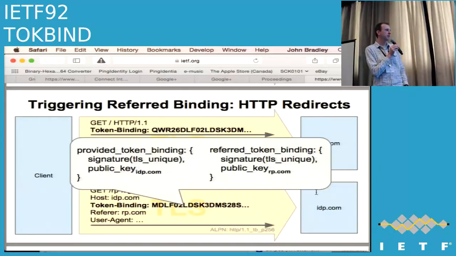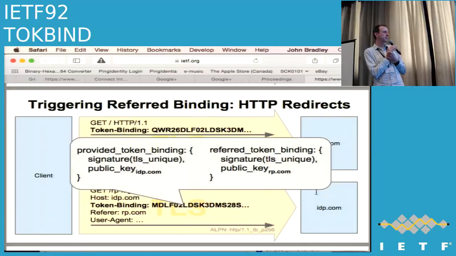It's one connection, but is the second TLS unique the TLS unique of that connection, or the TLS unique of the other connection signed by the other connection's private key? The former.